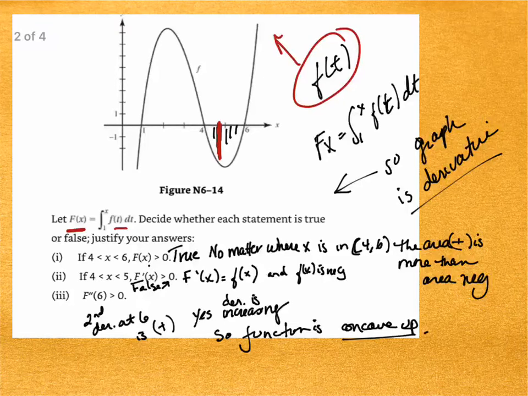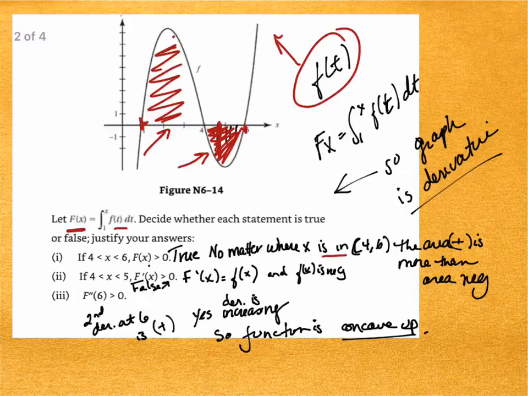That's true because this area, remember, it's from 1, so we're starting here, and the area here is much bigger than the area that I picked. No matter how far you go, if you pick an x all the way over to 6, this area is smaller than that area. So this is true. No matter where x is between 4 and 6, the area is going to be more positive than negative.